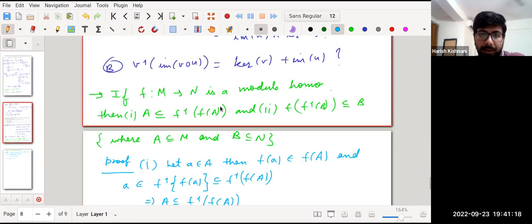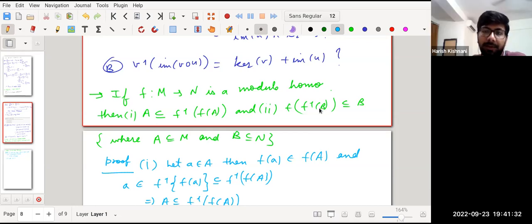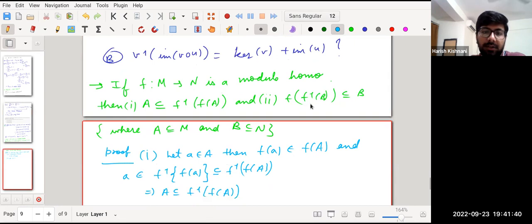From a you send it to fa, and you are pulling it back, then only you will come to a, because a is in the domain and b is in the range. So first you have to pull it back, f inverse b, then you apply f. You can't apply f here because b is already in the range.